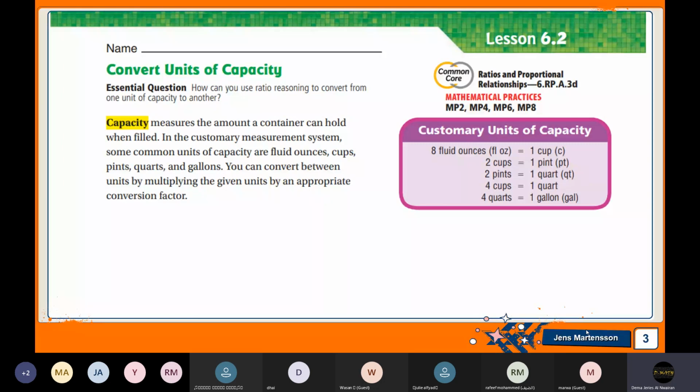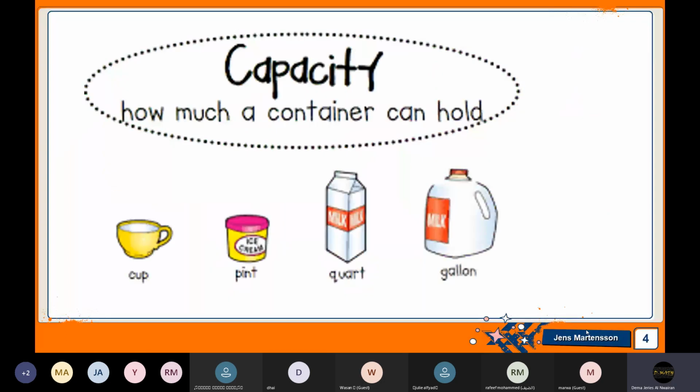If you have a container and you fill it, you want to see how much it can hold. And as we said with length, we have customary and metric. The customary is used in the United States and the metric in all the other countries.